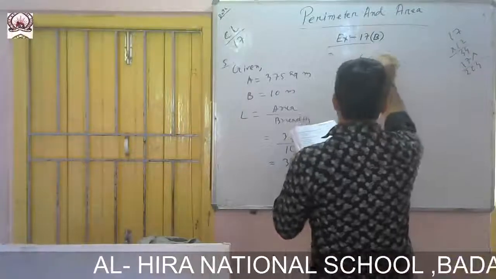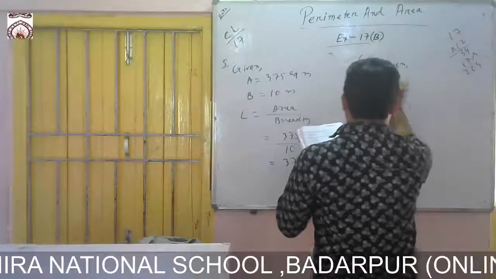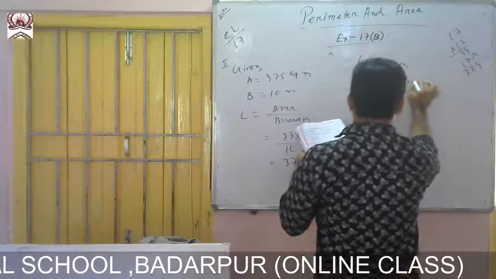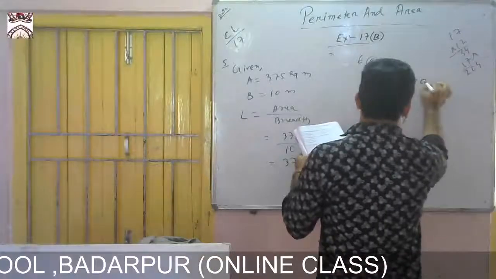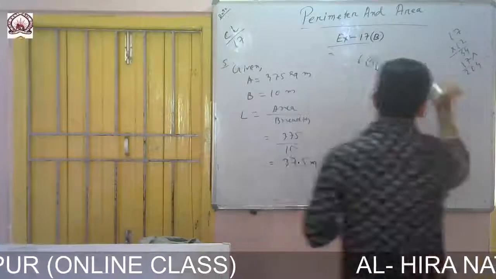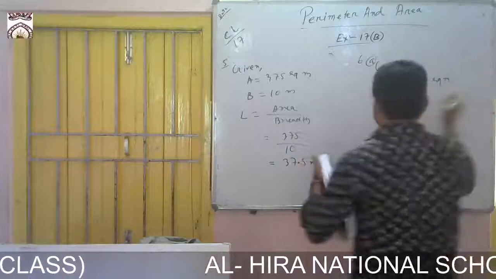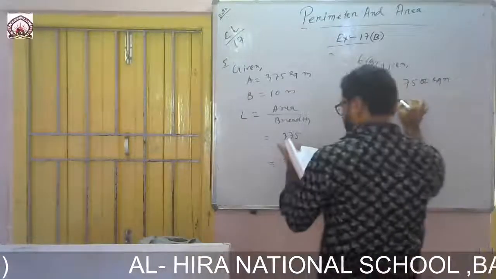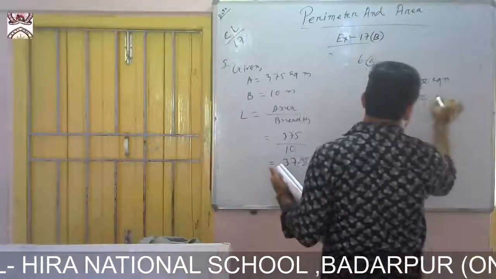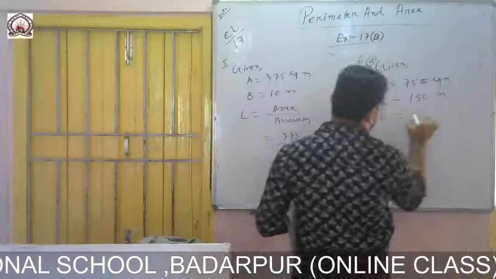Question number 6a: given area equals 7500 square meter, and length equals 150 meter. Therefore breadth will be area by length.